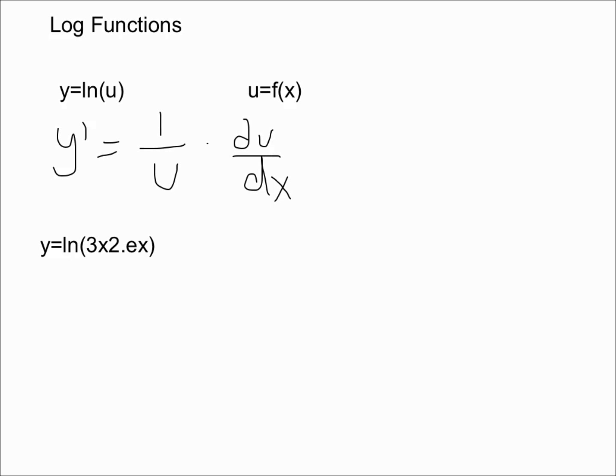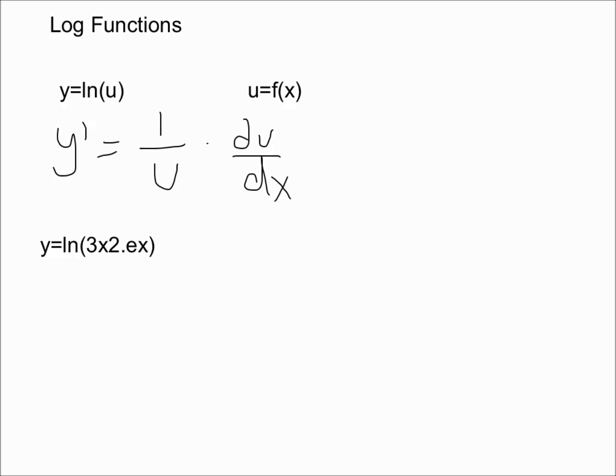Our problem is y is equal to ln of 3x squared times e to the x. Now, to make this problem simpler, you can use one of the logarithmic properties and separate this whole thing into two different logarithms.